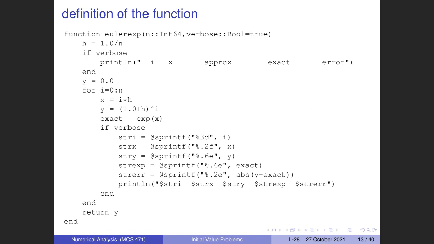But the nice thing about this, so here is the computation. So we start at step 0 and go to step n. The nice thing about this function is that it will give us a formatted table in the verbose mode. So we will run it verbosely when it has all the print statements, where we look at the errors.